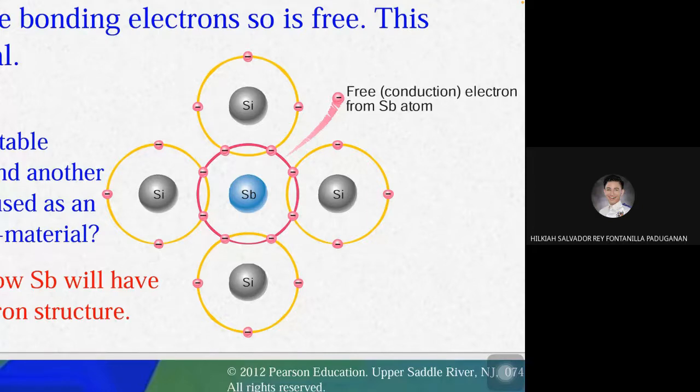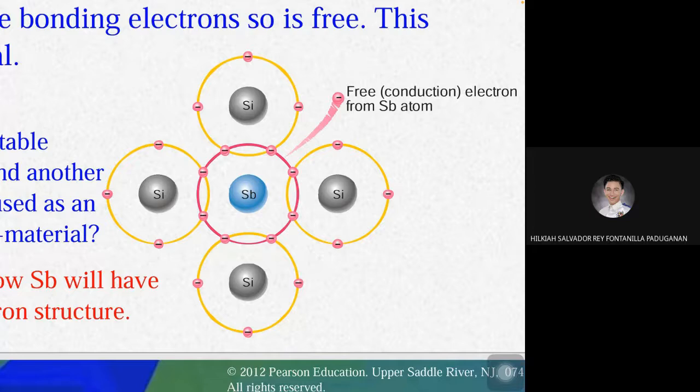So our doping atom here is antimony, which has 5 valence electrons. But because only 4 can be bonded with its neighboring silicon atoms, antimony has one extra electron floating around.